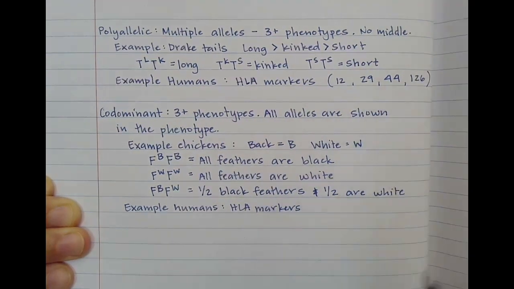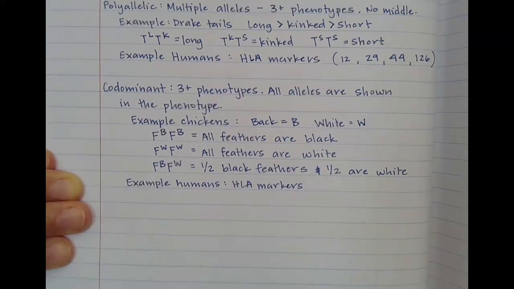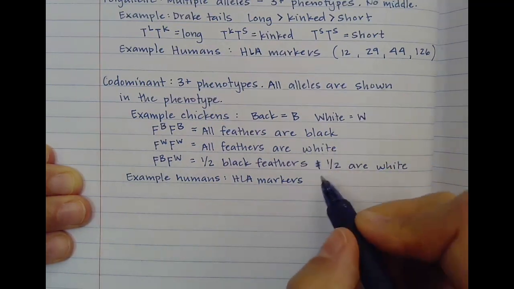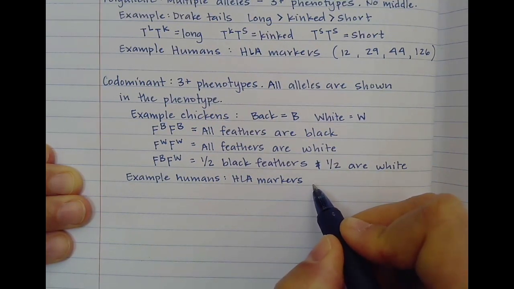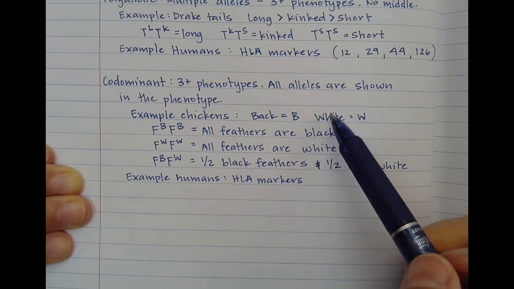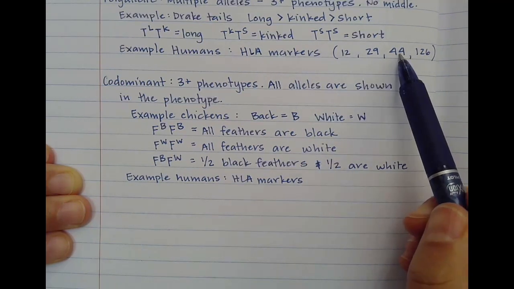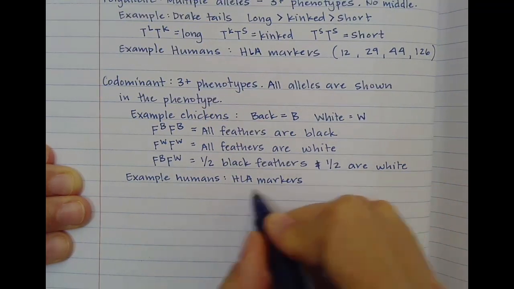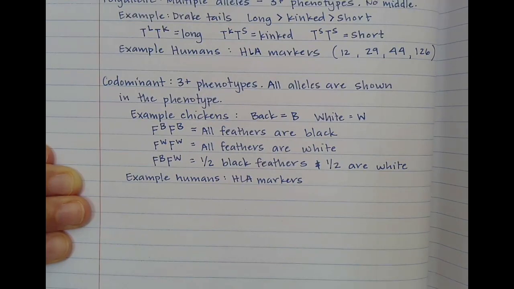There are multiple alleles. All of those are numbers. They have a whole range of numbers. But because you only get 2 of them and both of them show up on your cells, your combination could be something like 1229, or your combination could be 4429. And both of those are going to show up. So your HLA markers are both polyallelic and codominant.